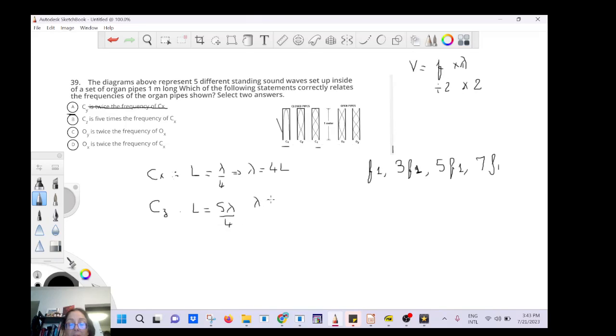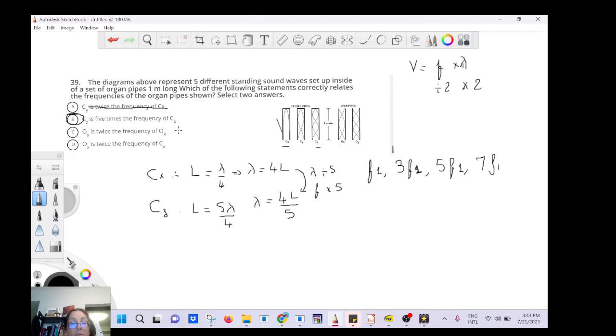So the wavelength is 4L divided by 5. So to go from here to there, the wavelength is divided by 5, so the frequency is multiplied by 5. Okay, so the answer is B.